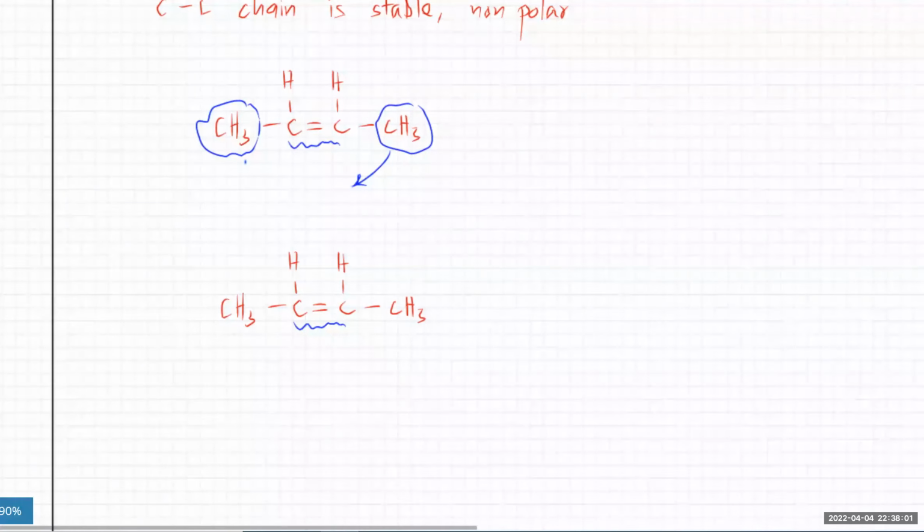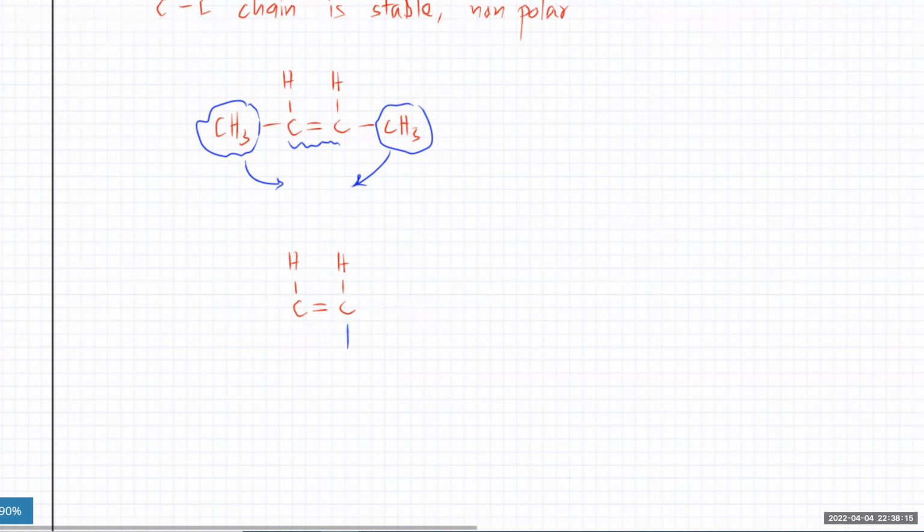Here's another CH3 and you're going to bend it downwards. I'm not changing the molecule in any way, I'm just rewriting it in a different way. So the CH3 is pointing downwards instead of pointing to the right.